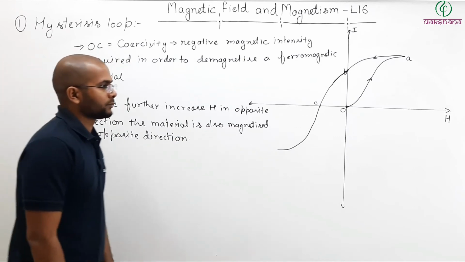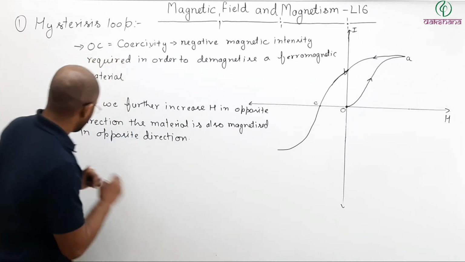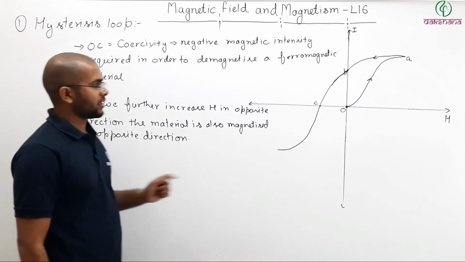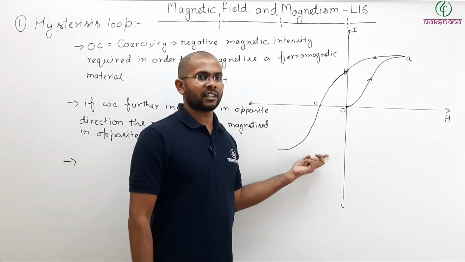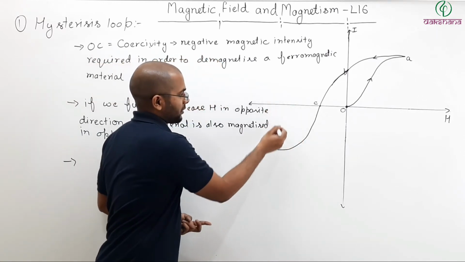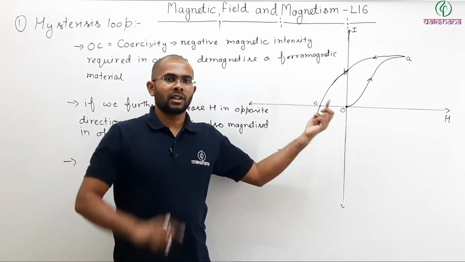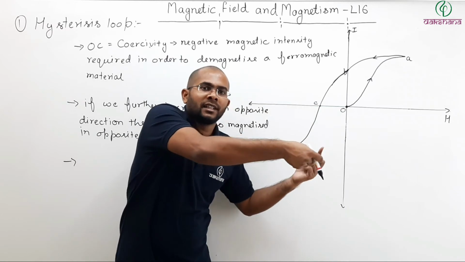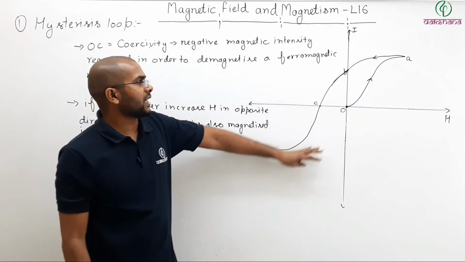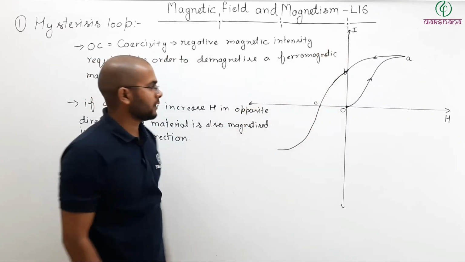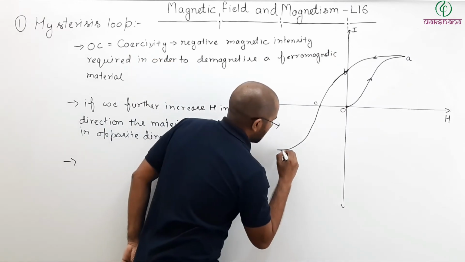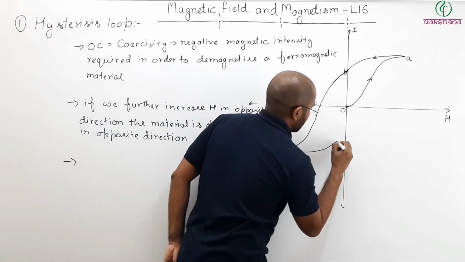Now same thing, let us repeat. If the H value is negative, remember, and I move the H value towards 0, start reducing the current, then again what will happen? Your magnetization will not go back to 0. Magnetization will move something like this.